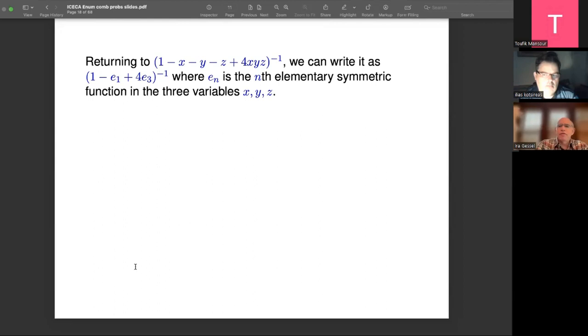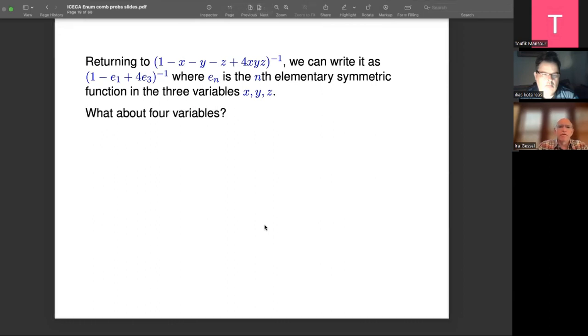So e3 is just the sum of the products of all choices of three variables out of these three. So e3 is just xyz. e1 is x plus y plus z. We might wonder what happens to this symmetric function if we look at more variables.